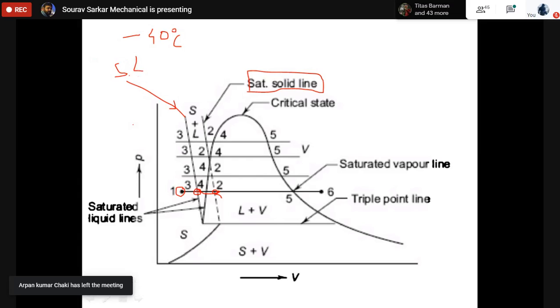After reaching this point, 0 degree Celsius ice, 0 degree Celsius water, if we further heat it, it will go up to 4. Then again it will take a round and reach 100 degrees Celsius. Then the boiling will start and it will end somewhere there.